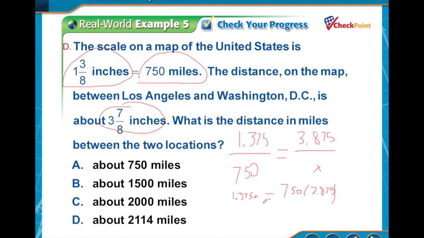And then we'd have to divide both sides by this 1.375 to get x alone. So x would equal 750 times 3.875 divided by 1.375.